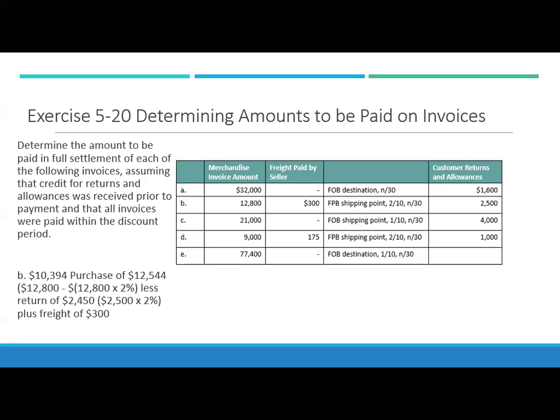So 10,300 times 2%, that's the discount, times 98%, that's the cash that actually was paid for the sale. Then we have to add the $300 in freight because that did not apply to the discount. And so the total amount paid is 10,394.